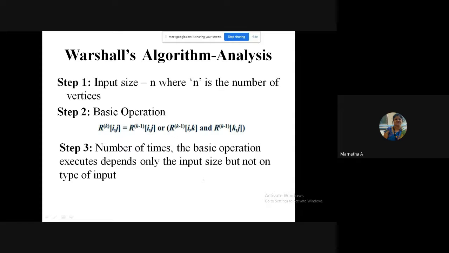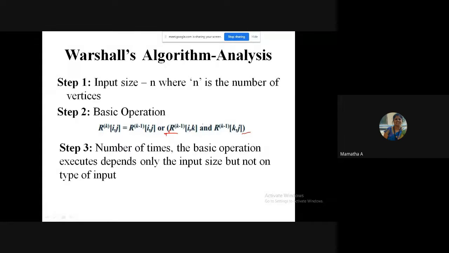And you can observe the basic operation, as I told you, is the statement within the for loops: Rk i comma j is equal to Rk minus 1 i comma j or Rk minus 1 i comma k and k comma j, right? And within the parentheses, you have to put this. You can observe, right? Otherwise the precedence will play a role. So I want this to be executed together, right? This is my basic operation.